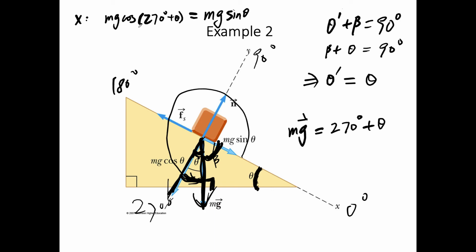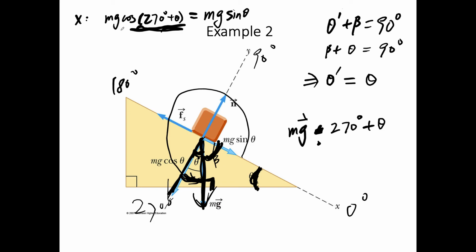Theta just happens to be the angle of the ramp and has nothing to do with the angle of mg at first, but after some geometry, we find the angle of mg is 270 degrees plus theta.